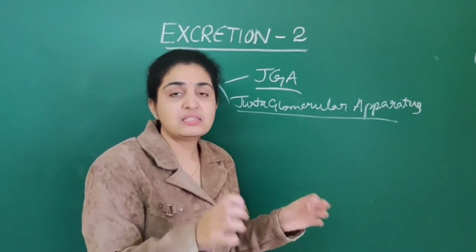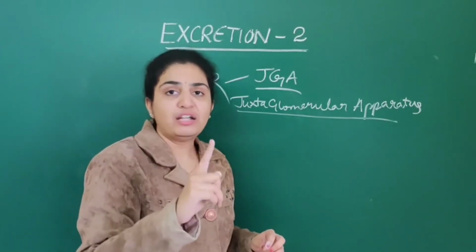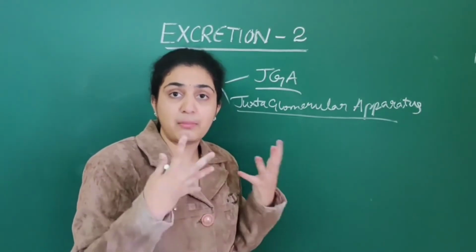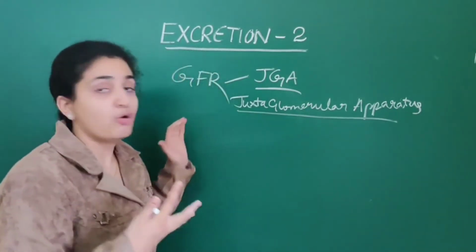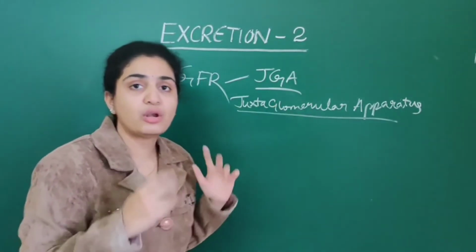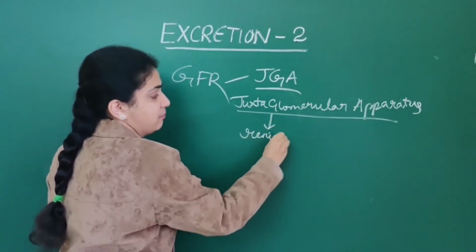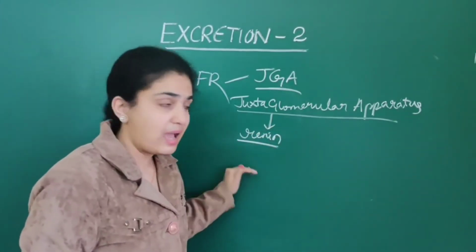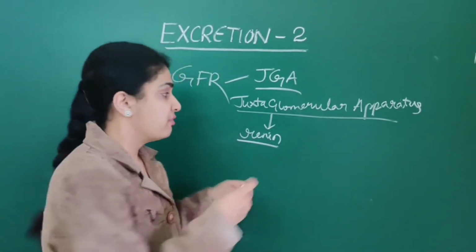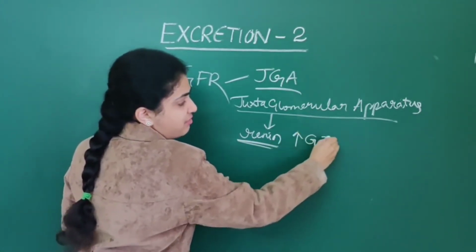When there is a fall in the glomerular filtration rate, meaning 125 ml should be formed per minute, the amount of filtrate that should be formed is 125. If it is reduced, then this juxtaglomerular apparatus will release a substance called renin. When it releases renin, this increases the GFR.